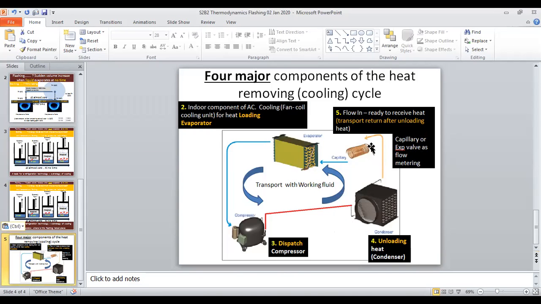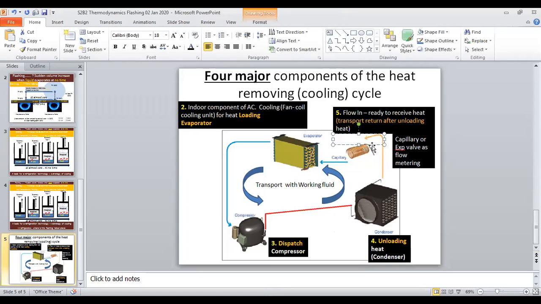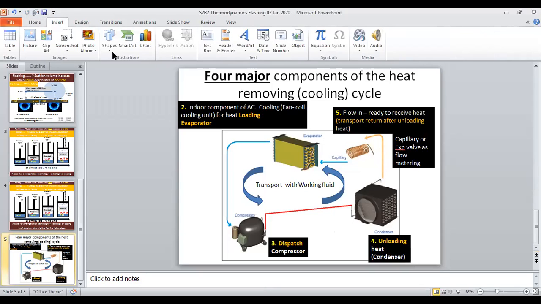So this will take place here at the component relevant for transport, return ready for loading. So I will put this in the text box.